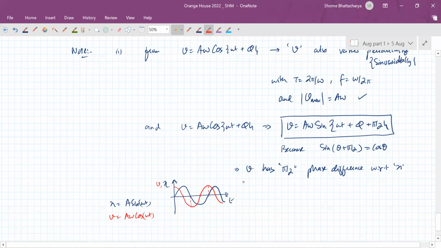So there's that pi/2 phase difference. So this means that at x equal to 0, that is the mean position, v is equal to plus or minus A omega, that is maximum speed. And at x equal to plus or minus A, that is the extreme position, v is equal to 0.